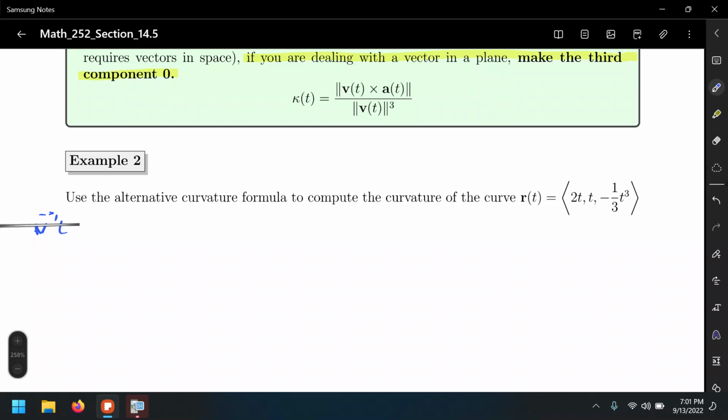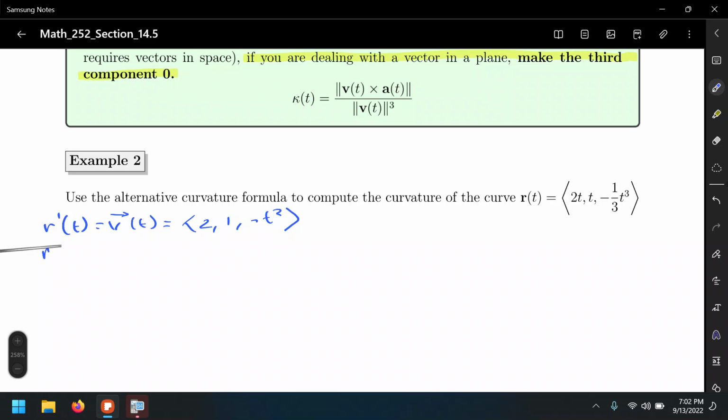So that's r prime, which is the velocity vector, which is 1, and that's negative 3/3, which is negative t squared.